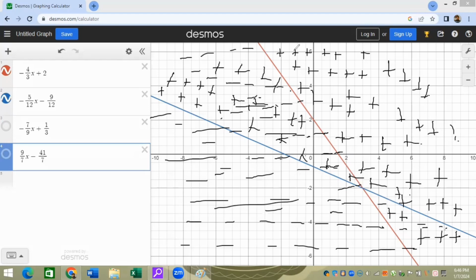So above this red line from here and here, and also above this blue line from here and here, this area contains only positive and positive. So you can see both the equations have the same sign, plus plus, and in this region both the equations have the same sign, negative and negative.